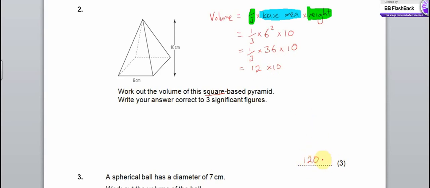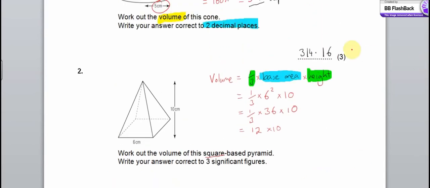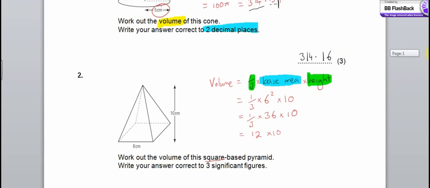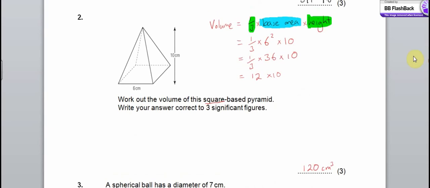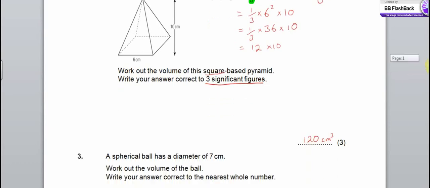Now we should always give units, so let's just make sure we've got that. So it's cubic centimeters. Let's just go back and check we did that before. We didn't, so again I'm pretty certain that's centimeters, so that should be cubic centimeters. It's the sort of thing you go back and check for at the end, so don't worry about not getting it first time. It says 3 significant figures. Well, we already have 3 significant figures. 1, 2, 3. There we go.